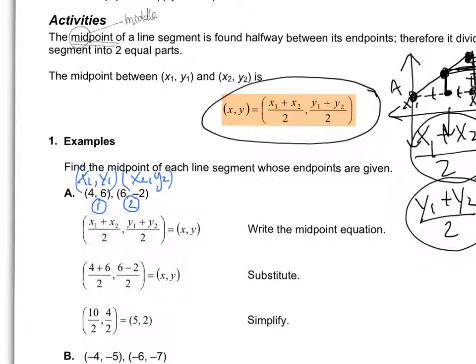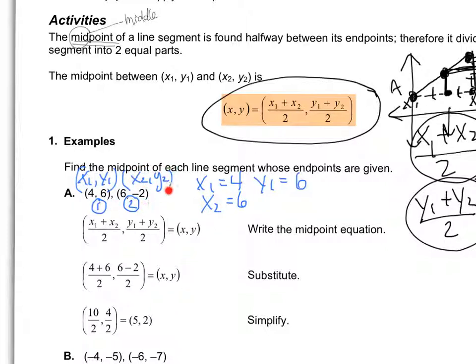That means that x1 is equal to 4. It's right there. We match them up. y1 equals 6. Again, we're just matching it up. We look at the second coordinate, x2 is equal to 6. Matching that up.